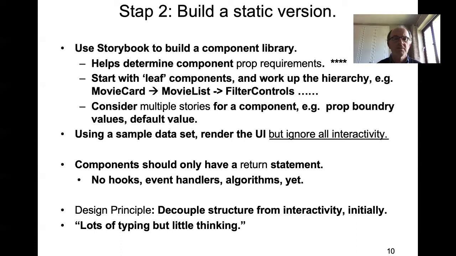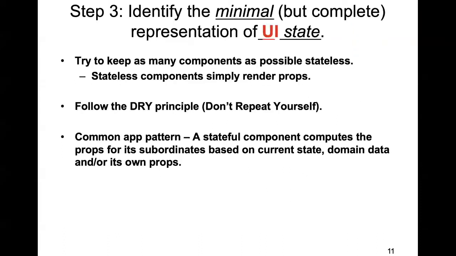So you would still be using Create React App, for example, at this stage, once you've done some Storybook coding. You would bring in Create React App and get it to assemble the components together to display the entire UI view, if you like. But it's still a static UI.